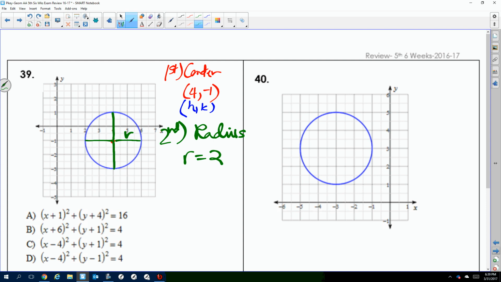Since it's always going to be equal to r squared, that cannot be true because that has 16. So we need to see which one is saying x minus h, and our h is 4. Well, b doesn't work. So x minus 4, what happens when we subtract a negative? That becomes a positive. So our answer is C.